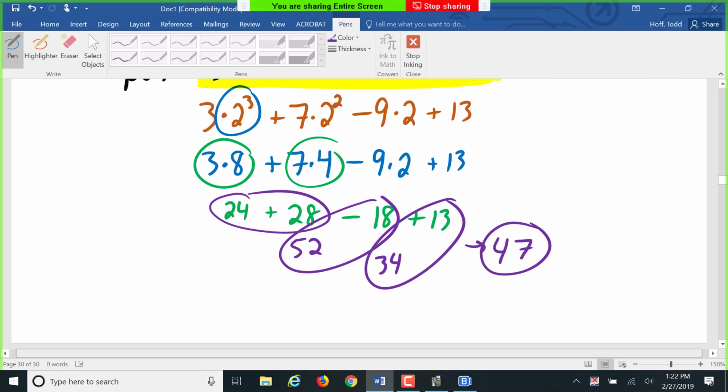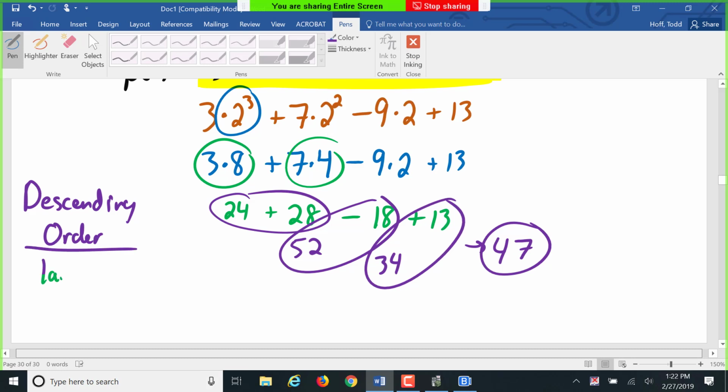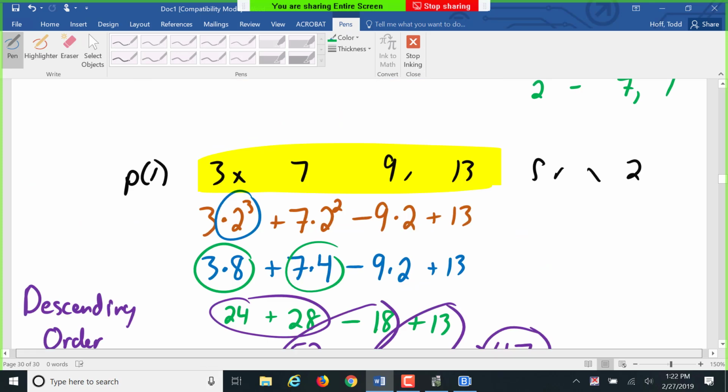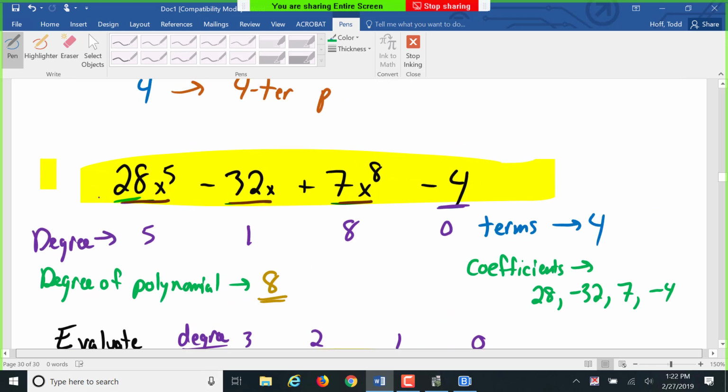That is what's referred to as descending order. So largest degree to smallest. And typically that is the way we want to express our polynomials.